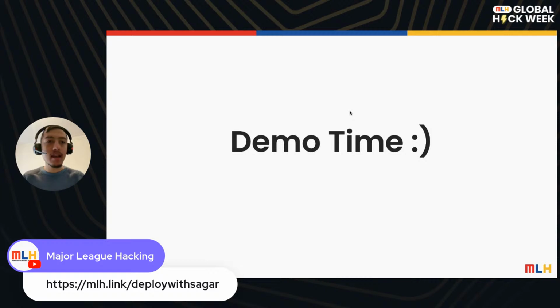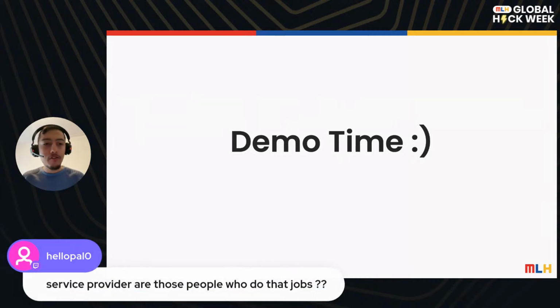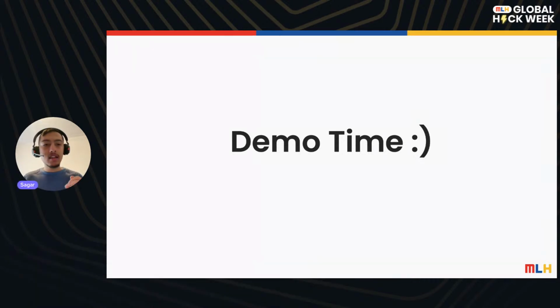So let me go back and check the comments. Okay, we have questions. Hello, Paul, "service provider as those people who do that jobs." I think you are referring to the GitHub Actions jobs. In this case, GitHub Actions is provided by GitHub. So yes, it is a service provider, but not a cloud service provider in the other sense, like I mentioned, Azure, Google Cloud, AWS, and others.